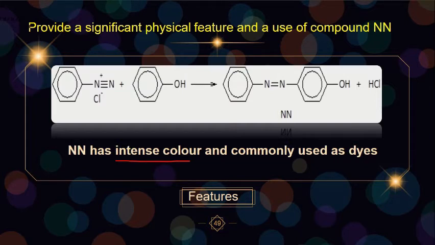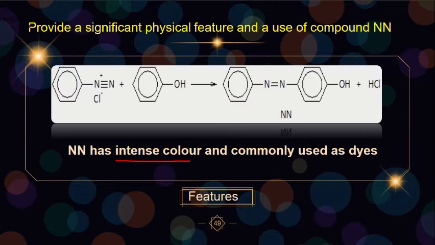Application untuk amines. So kalau tengok application amines yang paling menyeluruh industrial adalah azo compound. Ya, sebab azo compound yang kita tahu ini adalah intensely colored.